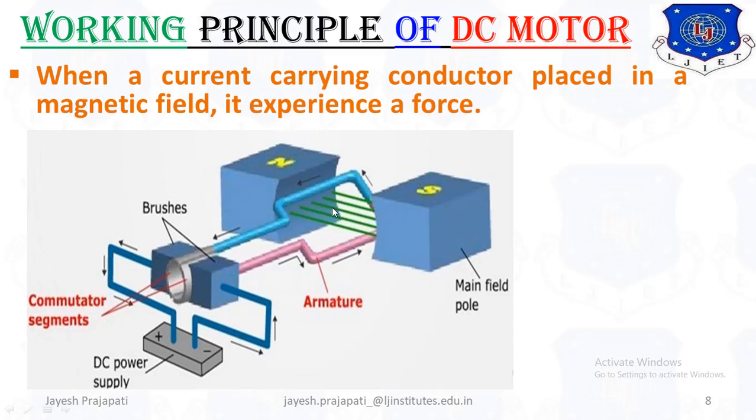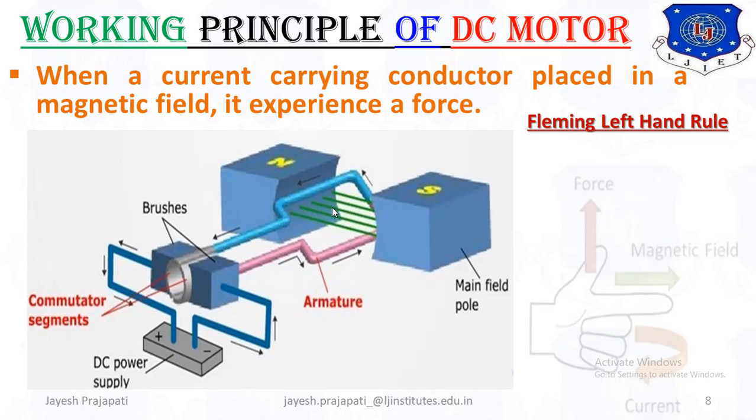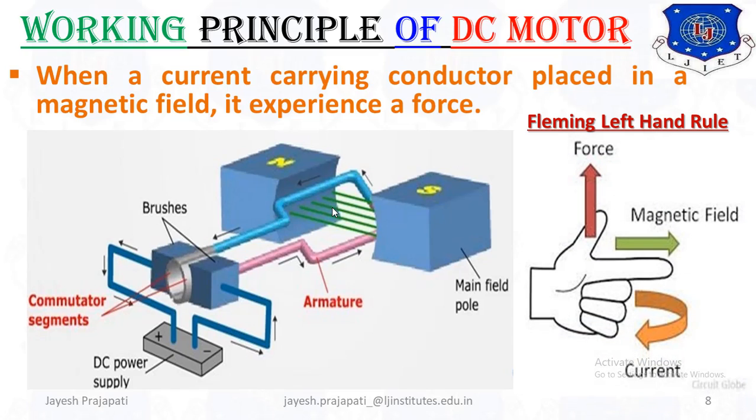The force direction can be given by Fleming's left hand rule. What is Fleming's left hand rule? When a conductor carrying a current is placed in a magnetic field, a force is exerted on the conductor that is perpendicular to both the direction of the magnetic field and the direction of current.